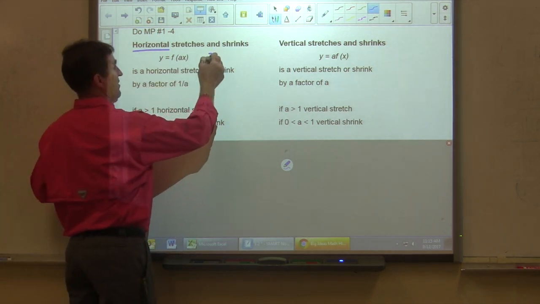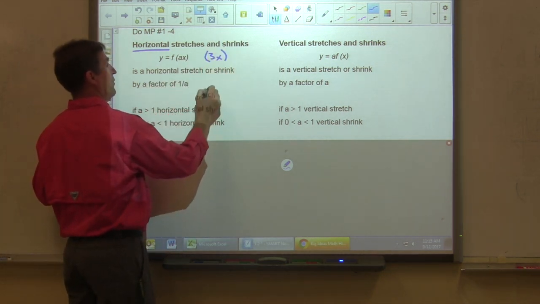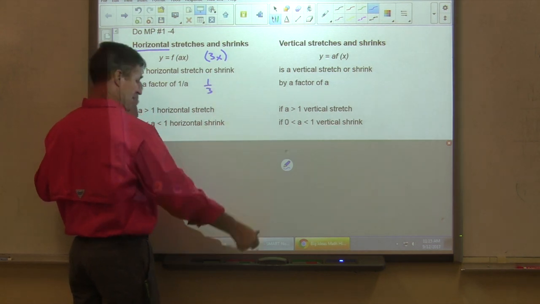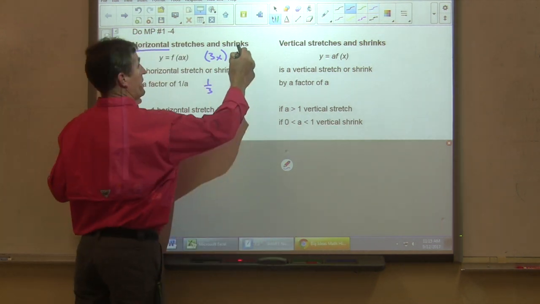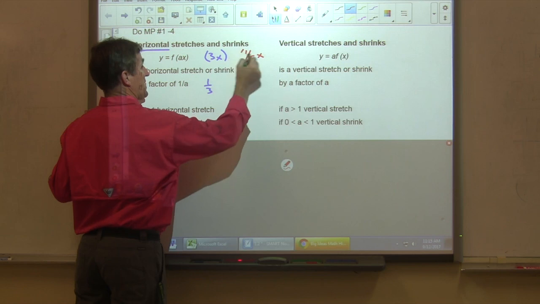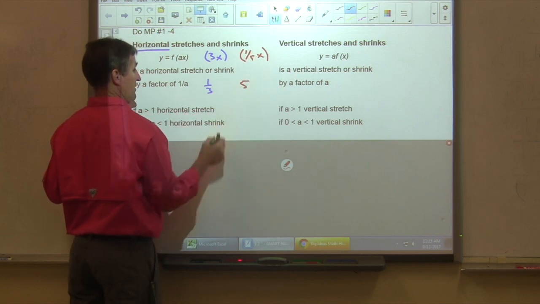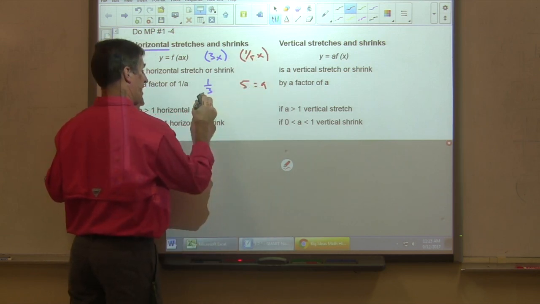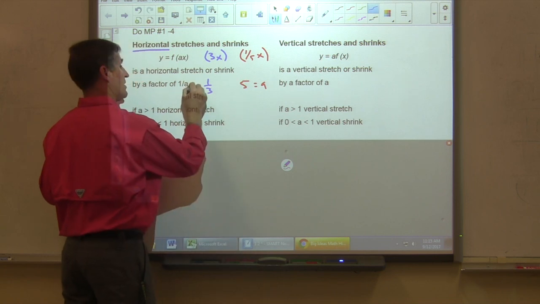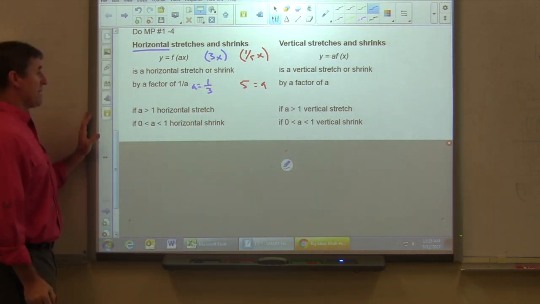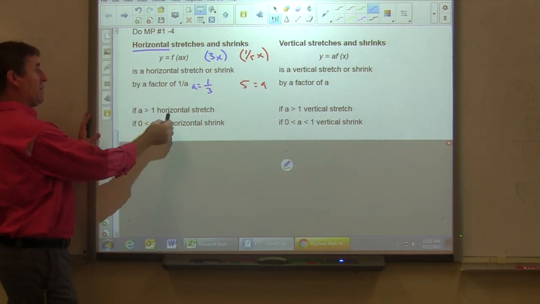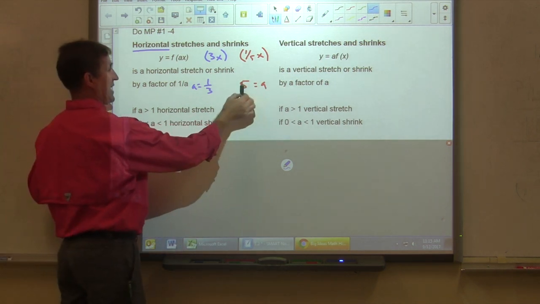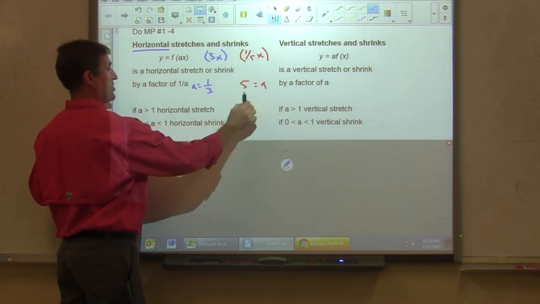So it's always the inverse of what it says. So if this said 3x, then it would be 1/3. If it said 1/5 x, then a would be 5. So this value of a is the inverse of what it says. And so if a is greater than 1, that would be a horizontal stretch.